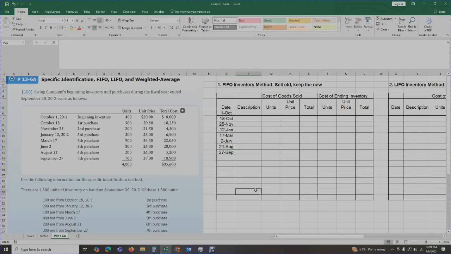Now we've got two different things that we need to solve for.